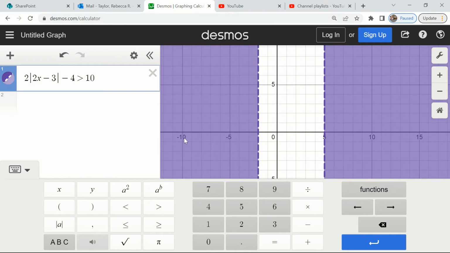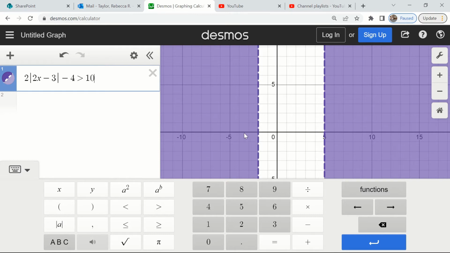Remember that when you're graphing anything, you're essentially shading the solution set. You can see that it is shaded from -2 and then to the left. The dashed line is the 2-dimensional equivalent of the open circle. And what that means is that the -2 is not included in my solution set.